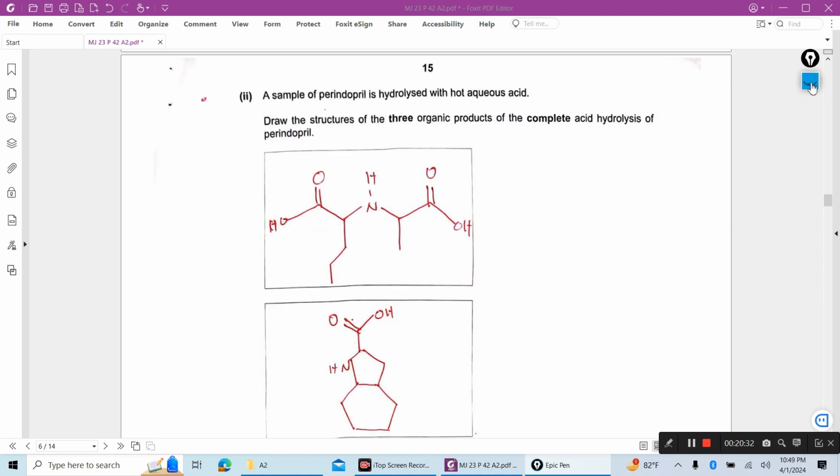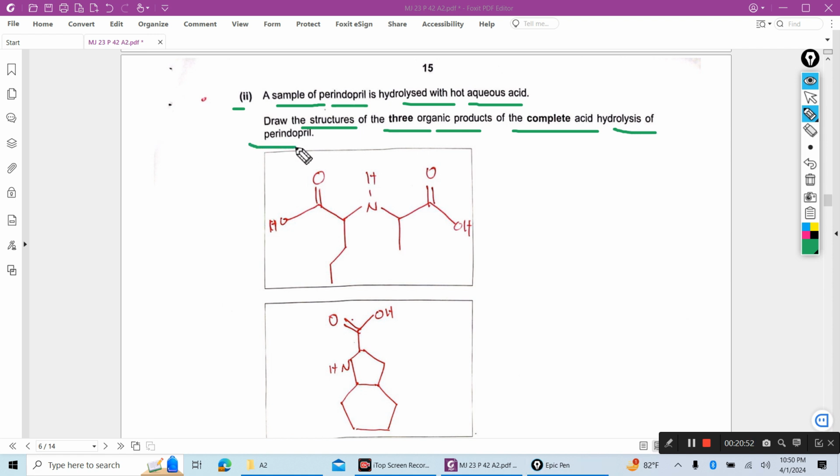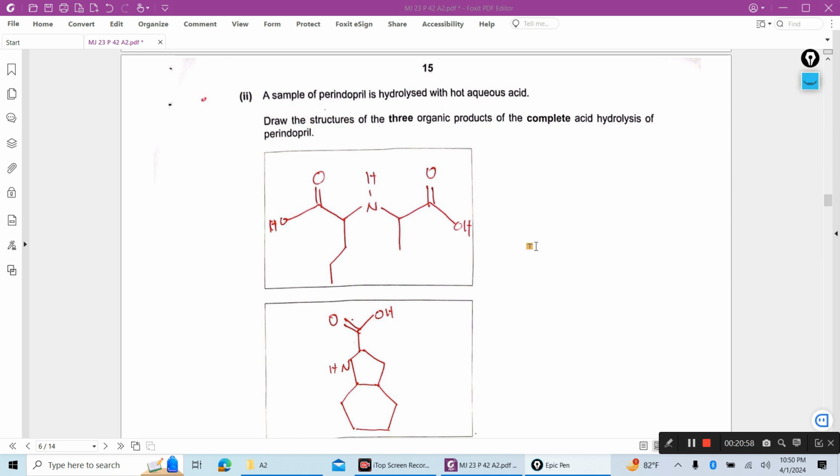Number 2, a sample of perindopril is hydrolyzed with hot aqueous acid. Draw the structure of 3 organic products of the complete acid hydrolysis of perindopril. And you see acid hydrolysis reaction with acid and water.